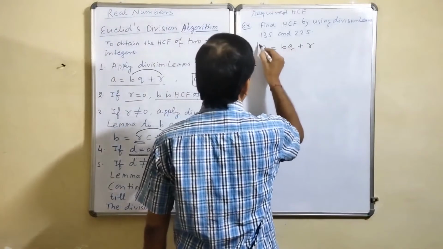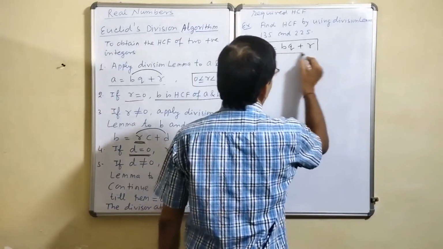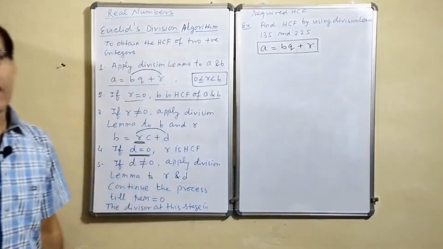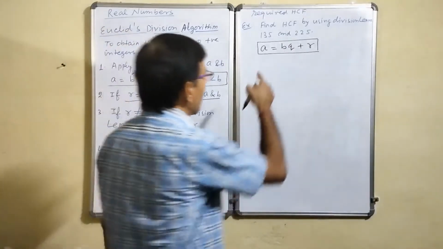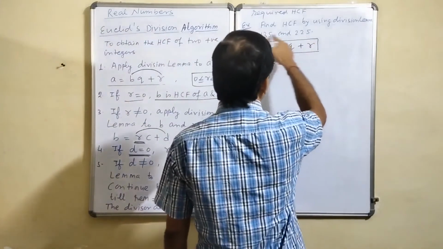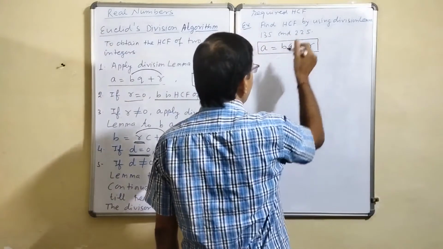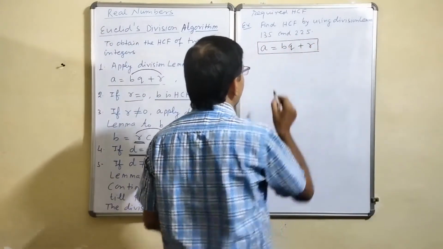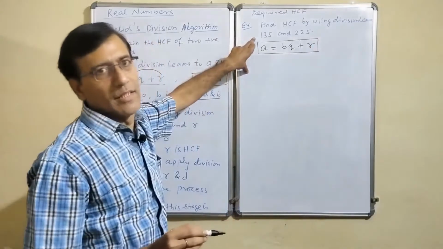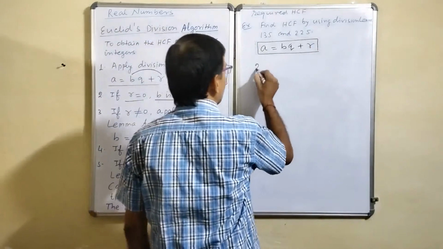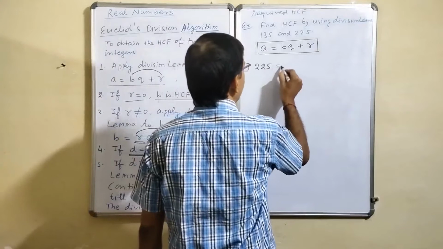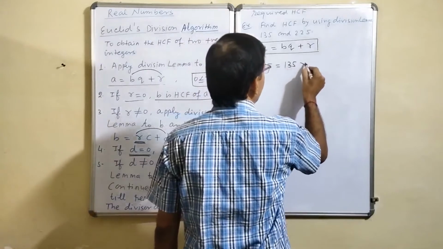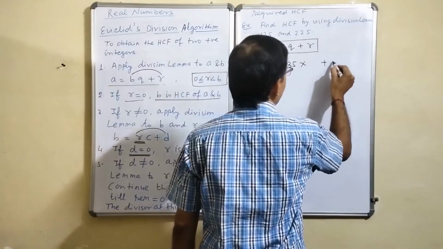This is Euclid's division lemma. Now a is greater than b. So now a is 225 and b is 135. So what we have to do? 225 is equal to 135 into quotient plus remainder.